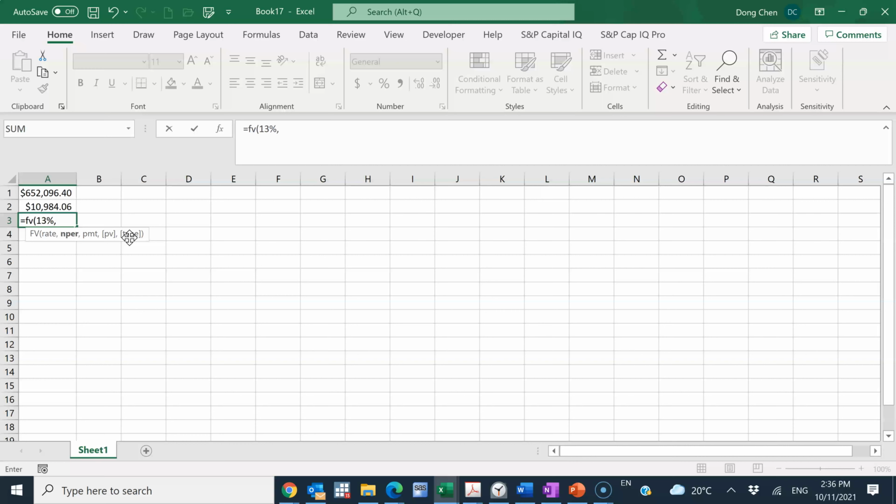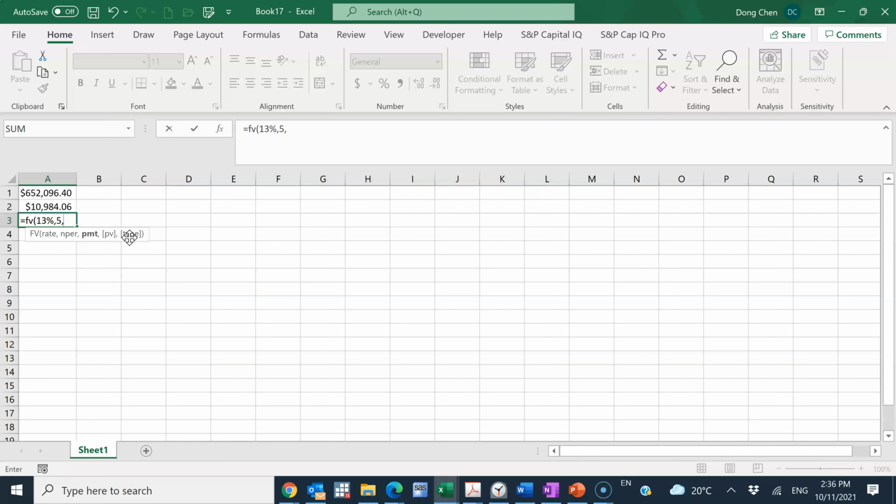And we know that the relationship between the future value of an annuity due and an ordinary annuity is that we can multiply the future value of an ordinary annuity by 1 plus the interest rate to get the future value of an annuity due. So that's how we can work out the same solution.